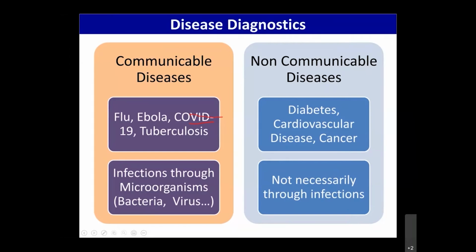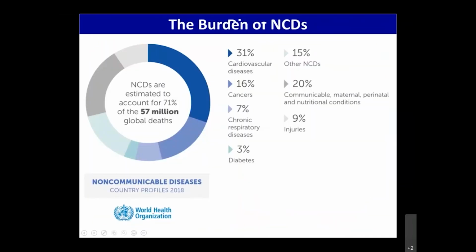All these are non-communicable diseases. And in both these categories, diagnostics plays an extremely important role. Early diagnosis can make a big difference in terms of how we deal with the disease and eventually have this disease cured.